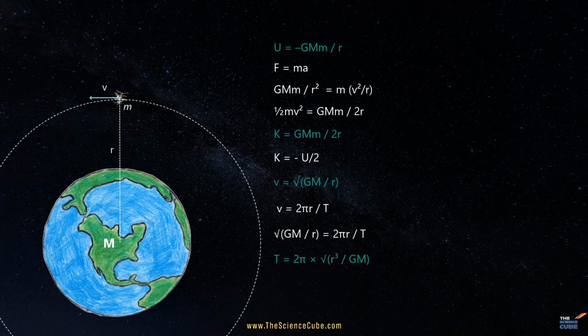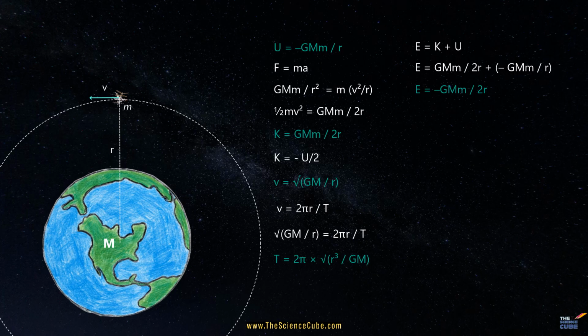Now, let's calculate the total mechanical energy of the satellite and uncover some fascinating insights about its motion. So, we know that E, the total mechanical energy of a satellite, is K plus U, that is kinetic energy plus potential energy. And this equals GMm upon 2R plus minus GMm upon R. Or, if you simplify, E equals minus GMm upon 2R.